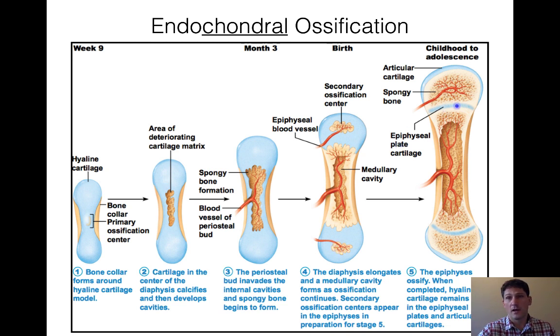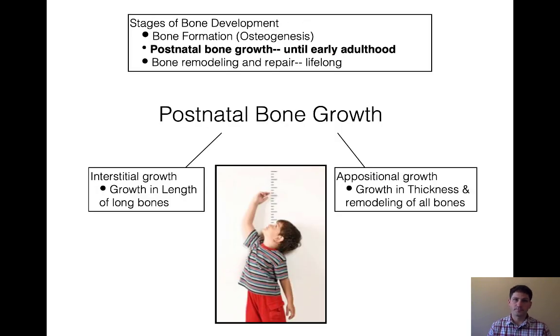Between childhood and adolescence our bones are growing and lengthening at the epiphyseal plate until we get to about 18 to 20 years where that plate becomes the epiphyseal line, and along the whole way this bone is being remodeled, and we're going to talk about how that bone is being remodeled next.